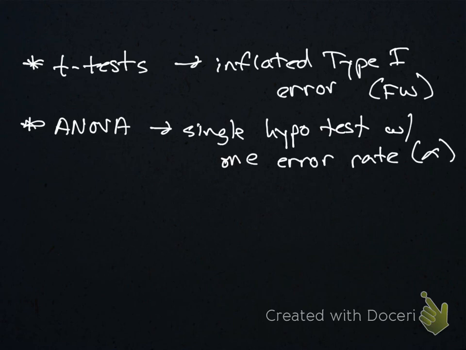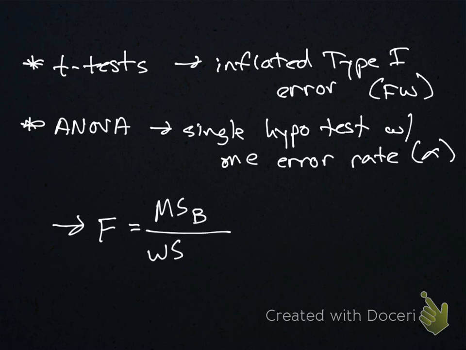Now, because we're dealing with multiple groups, we have to change our strategy here. We can't just do the mean differences like we did when we calculated a t statistic or a z statistic. And therefore, ANOVA uses this F statistic, which again is a ratio of between subjects variance using the term mean square between, and within subject variance using the term mean square within.